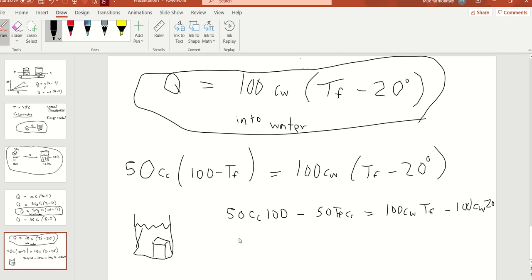So now what you can do is collect terms. Let's put the TF terms together on the left. Let's collect these two terms.